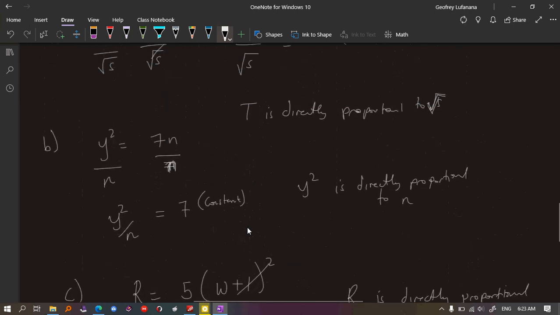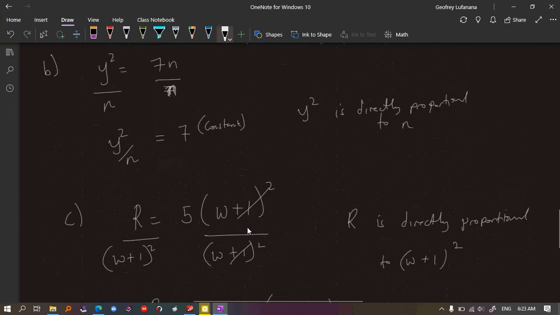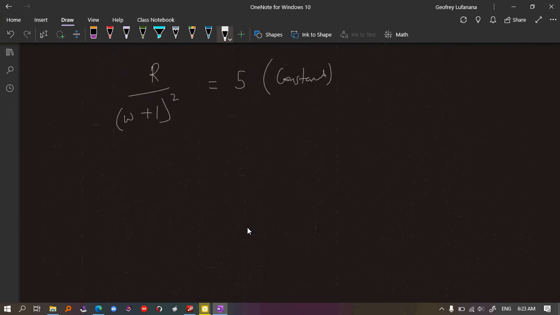And lastly, I have y equals 2 out of x. So that's part D. y equals 2 out of x. I'm going to divide by 1 over x, because I could write this equation as y equals 1 over x times 2.